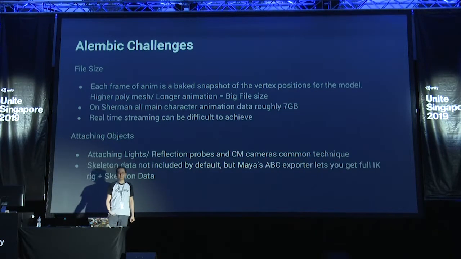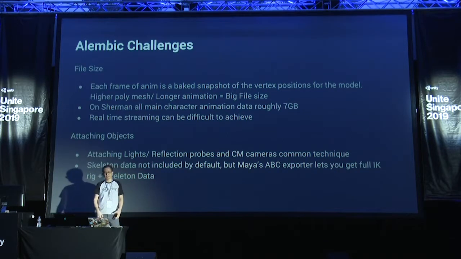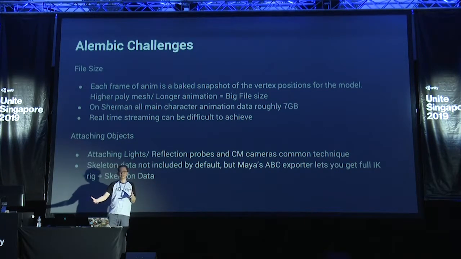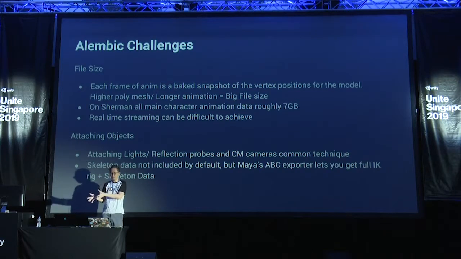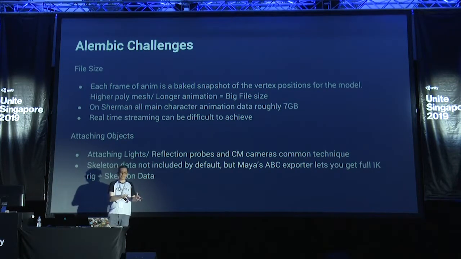But of course, there are challenges when you use Alembic cache, because every frame of the animation is baked out. That means the file size of an Alembic cache is very big, very huge. And the materials from your mesh don't automatically map to the Alembic cache.